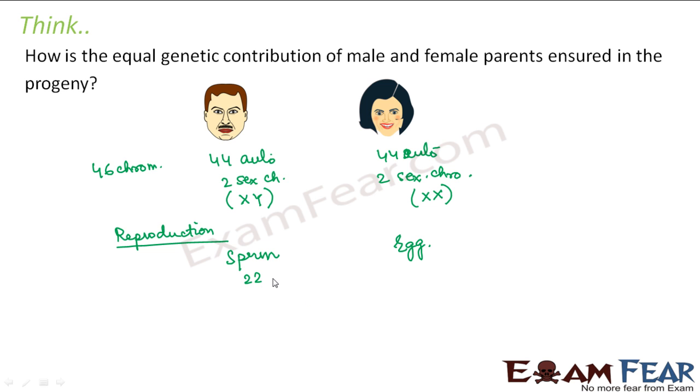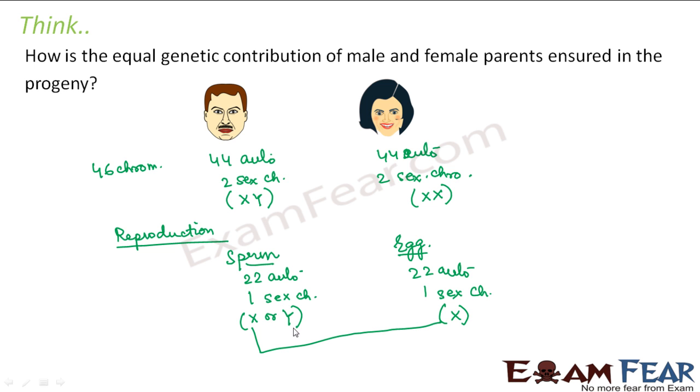The sperm cell will contain 22 autosomes and 1 sex chromosome, either X or Y. The egg will contain 22 autosomes and 1 sex chromosome, and this sex chromosome will always be X because it has only X. Now these two will combine together to form the zygote. There are two possibilities. In one possibility, X will combine with X. In the other possibility, Y will combine with X.